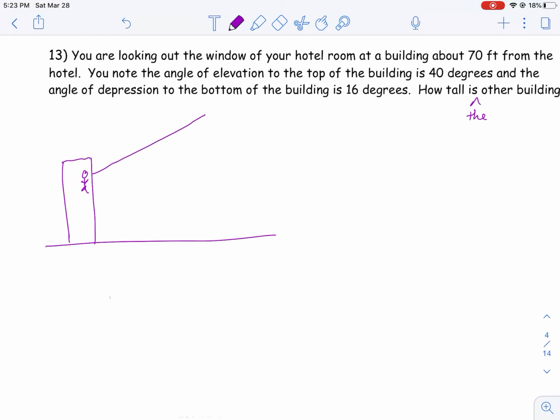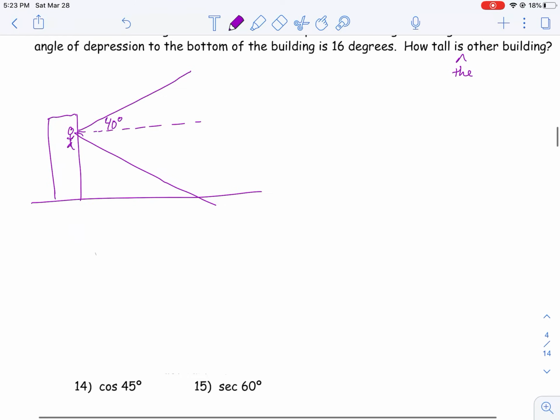I'm looking across the street at another hotel building, and that angle of elevation is 40 degrees. And then I'm looking down at the bottom of the building, and that's 16 degrees. I don't like this either because my 40 degree angle is smaller than my 16. Maybe you're alright with it and could live with it. I'm going to try again.